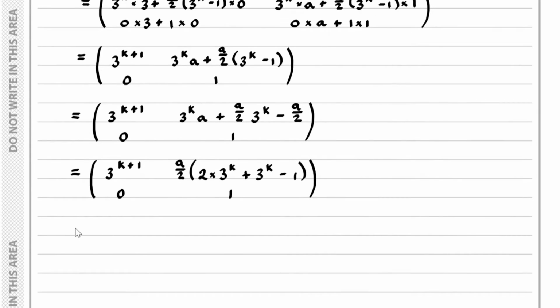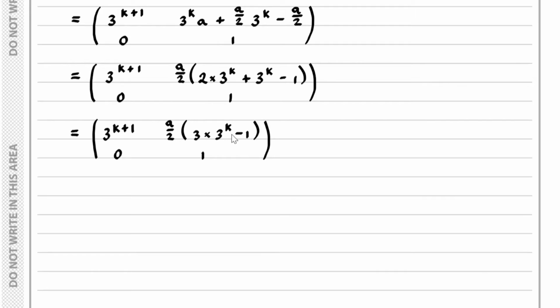So we have 3 to the k plus 1, 0, and here we have a over 2 on the outside, and inside we've got 2 times 3 to the k plus another 3 to the k, so that's 3 times 3 to the k, and then we've got the minus 1, and then we've got the 1 here. And we know that 3 times 3 to the k is just 3 to the k plus 1.